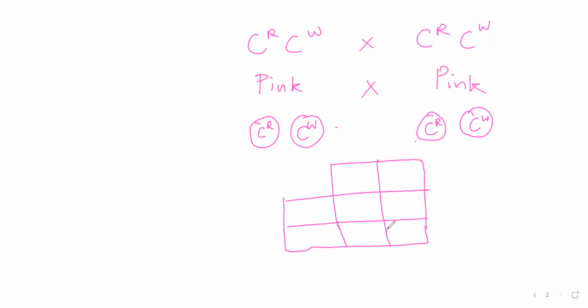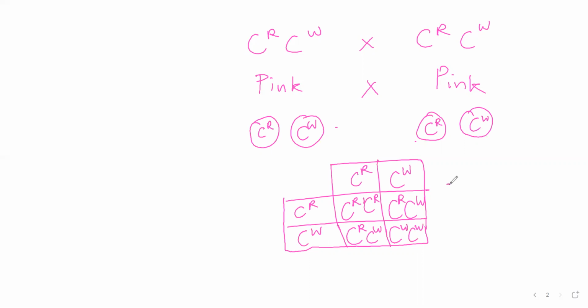We are going to make CR, CW, CR, CW. So what we will have: CR, CR. Sorry, yeah. Then we will have CR, CW. Next CR, CW, and next CW, CW.